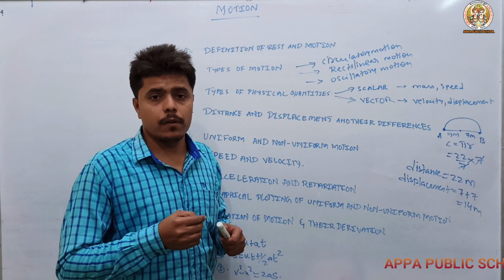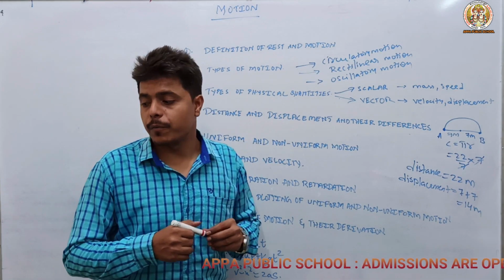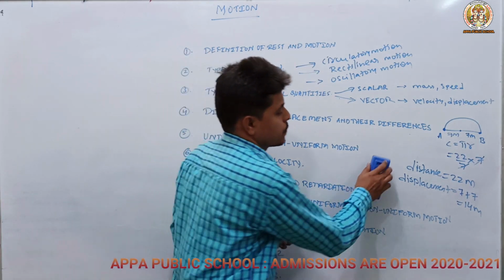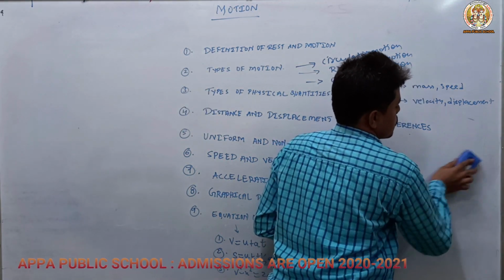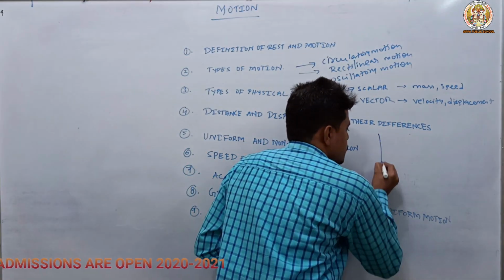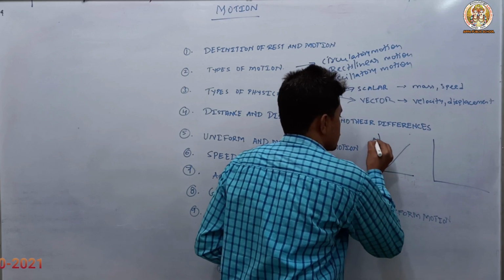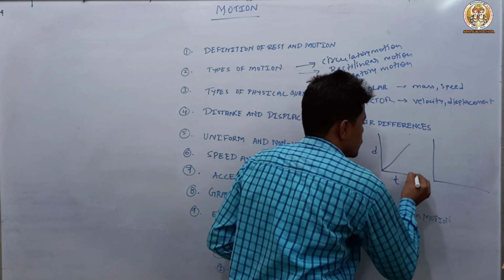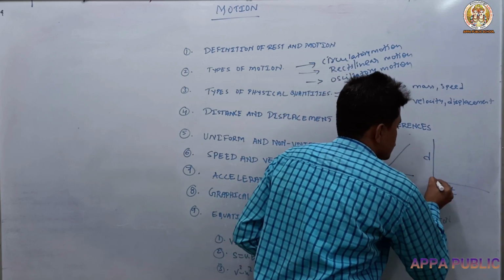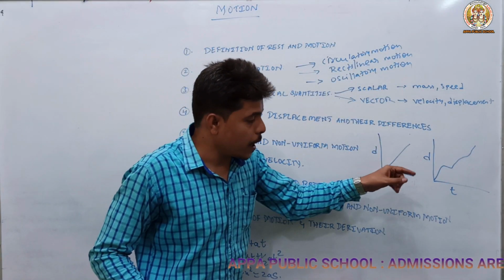Just a rough graph we are putting here to know the uniform motion and non-uniform motion. You can see there two graphs are there.